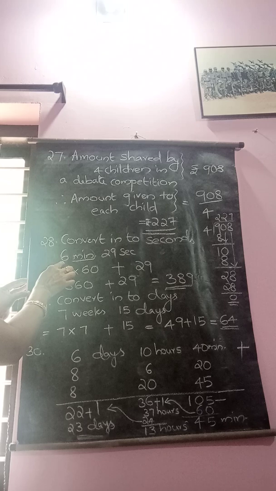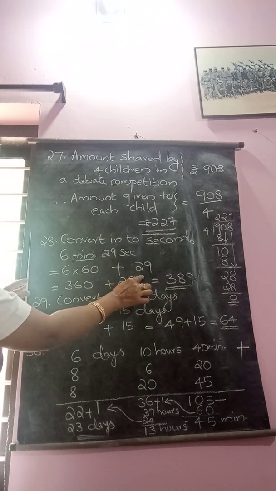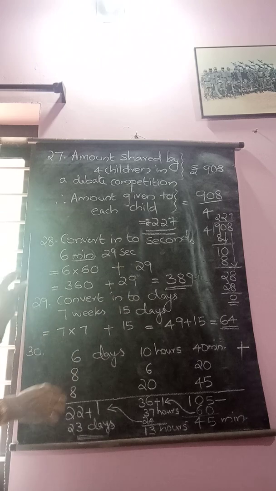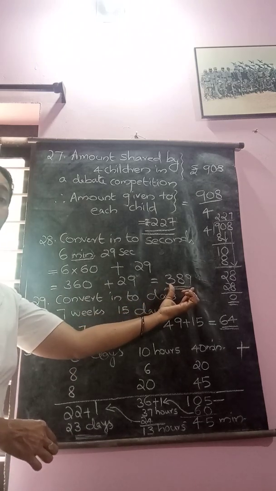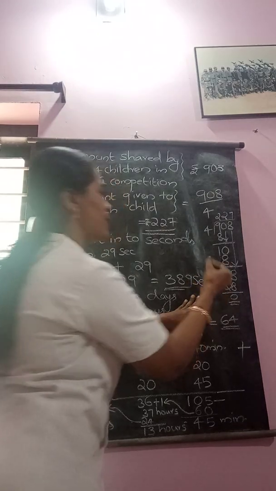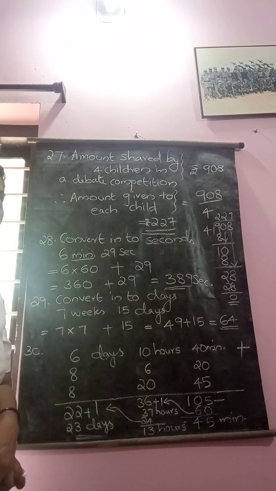So we multiply 6 by 60. Plus there is no change, 29. 6 60s are 360, plus 29 together is 389, and the unit is seconds. Okay, that much seconds.